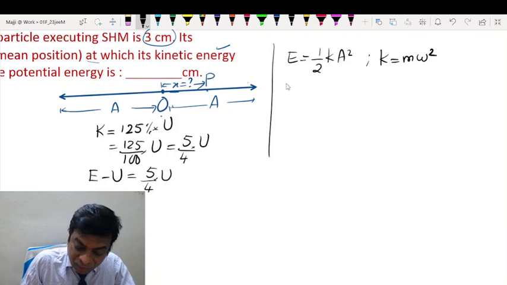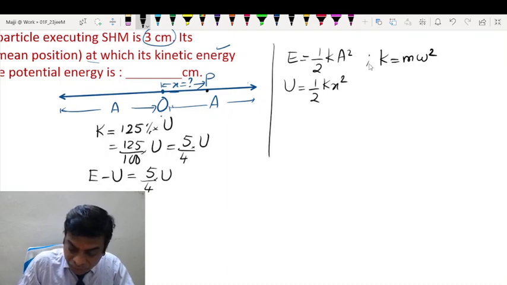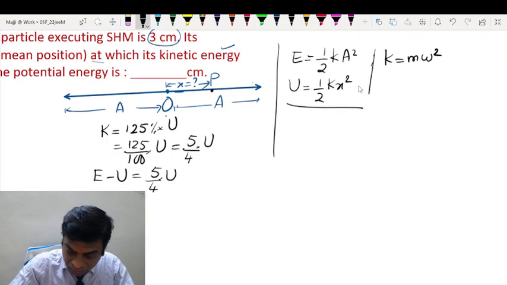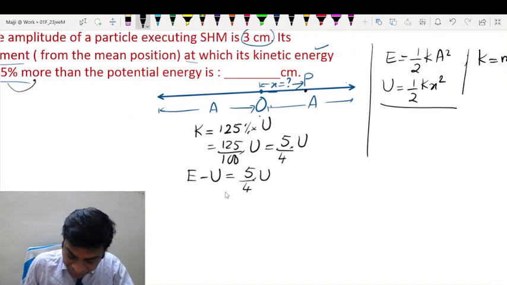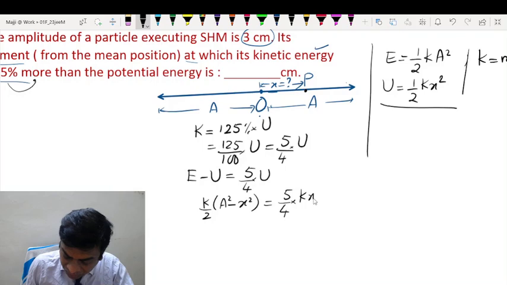Whereas potential energy corresponding to the position x, that is displacement x, is half K x square. Okay. So that is what we are going to write here. So here we have K by 2 into a square minus x square is equal to 5 by 4 into K x square.